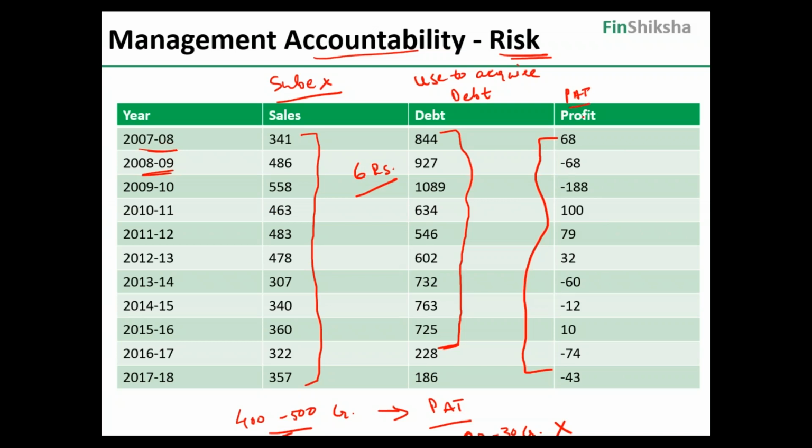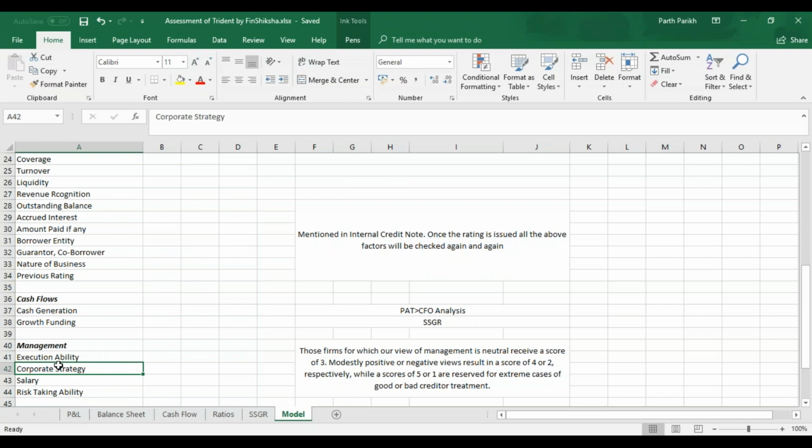They raised their bid to $13 billion, and they are still struggling till the time they decided that they will sell off Chorus. The only thing is Tata Steel had the backing of Tata. Subex never had that backing, so that was an absolute risk, an absolute blunder on their part. So that will come under execution ability, whether I'm able to take the risk and execute properly.